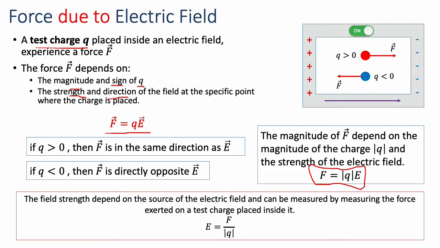I measure how much time it needs to go from the start to the end, then I find the acceleration, then the force, and then I can find the electric field as F over Q.